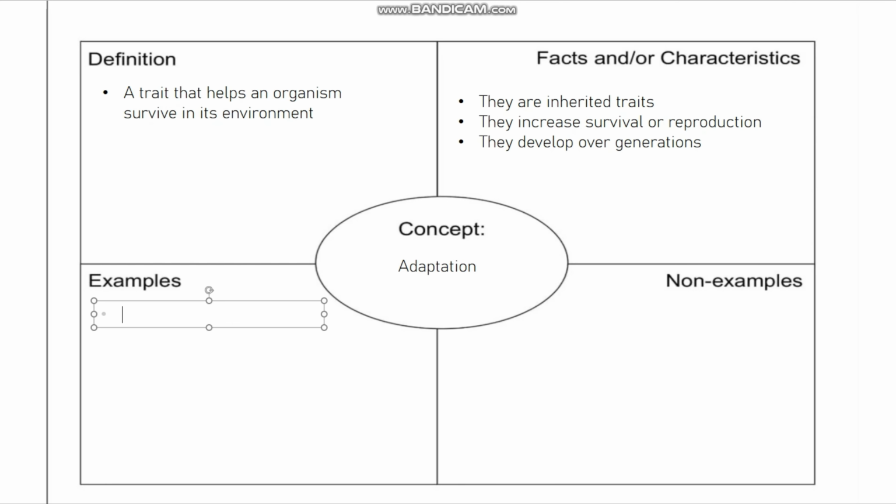All right, so what is an example of an adaptation? Polar bears have thick fur and fat deposits to protect themselves. Yes, so that is true. Polar bears have thick fur and fat deposits to protect themselves from the harsh environment that they live in.